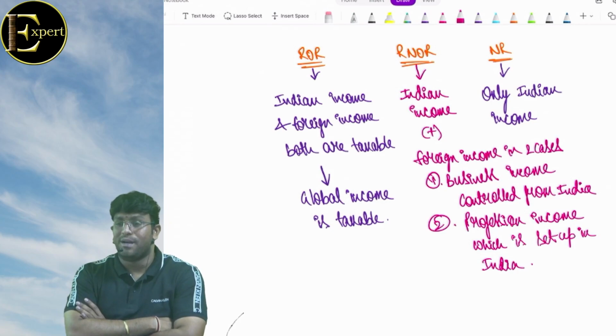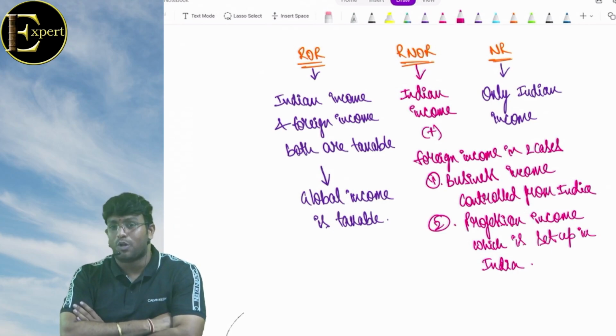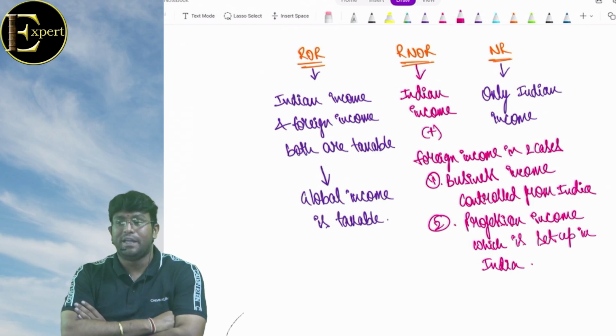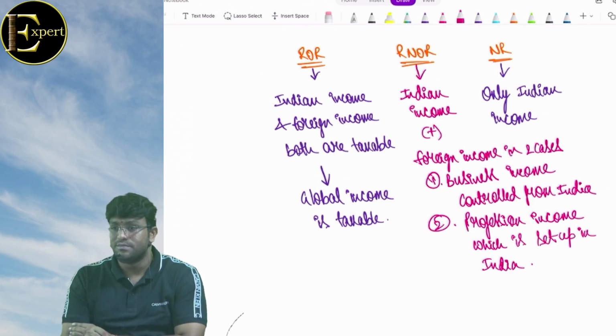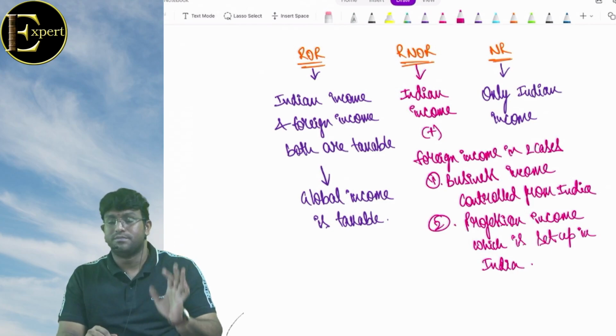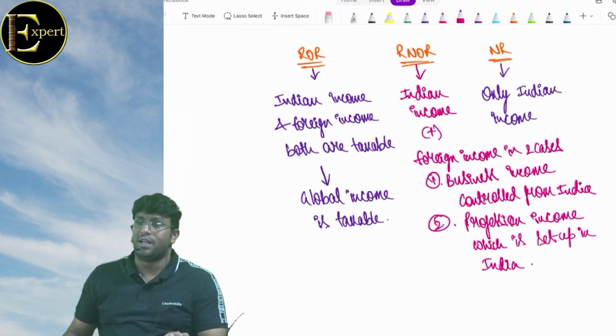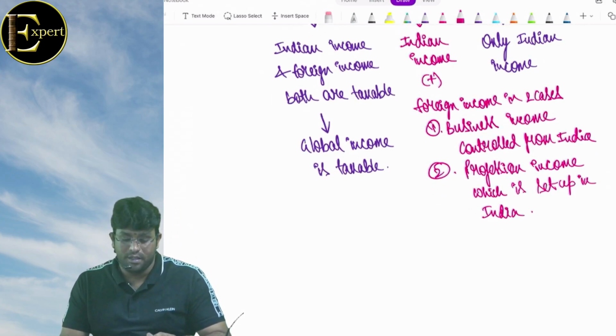Wonderful. If your income is Indian income, it is taxable for ROR, RNOR, NR. Whatever category you belong to, it still becomes taxable. If income is foreign income, what will happen? ROR को तो tax करेंगे ही करेंगे. NR को touch मत करो. RNOR को ये दो केस में tax करो. So पक्का clear है? Everybody, now listen.